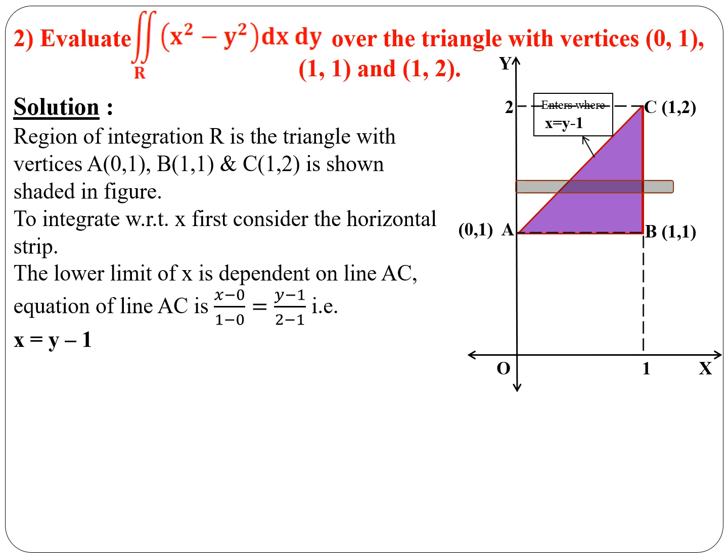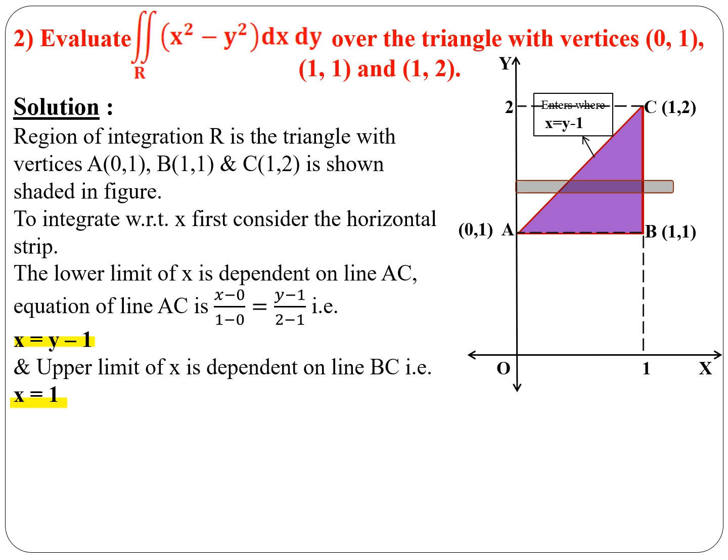Now we will find the line equation for BC. You can see for BC, x is constant, that is 1. So this is nothing but x equals 1. So the upper limit of x is equal to 1 and the lower limit of x is y minus 1. Now we will move this strip vertically to find the y limit.